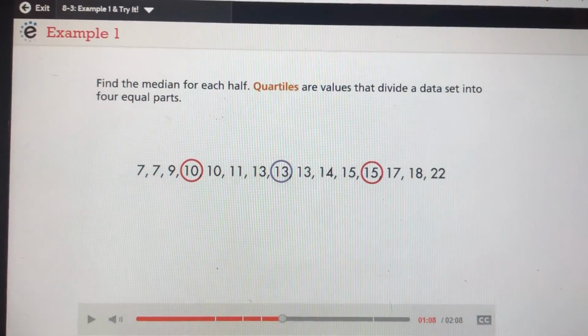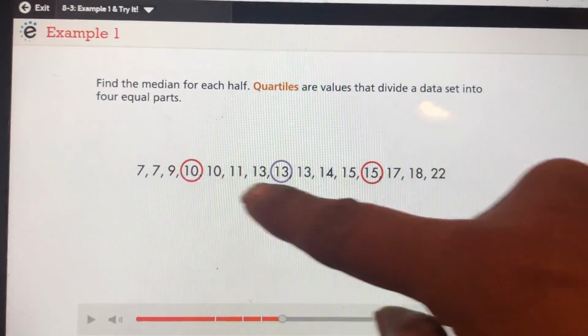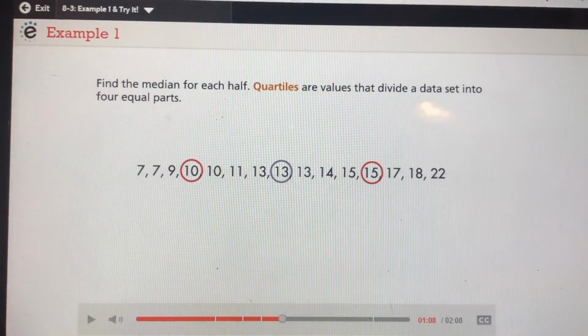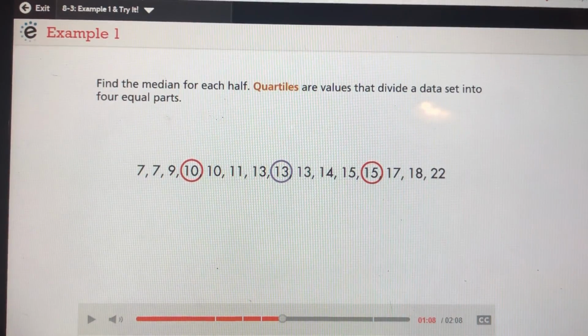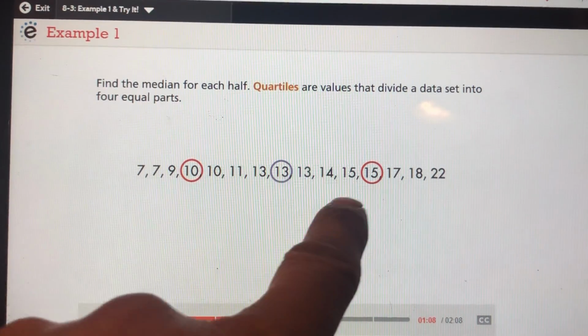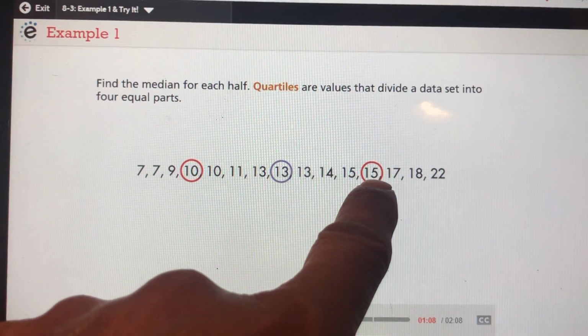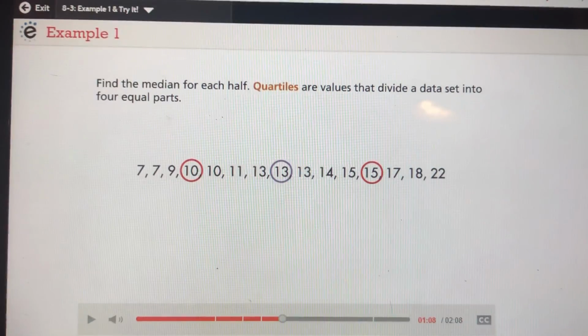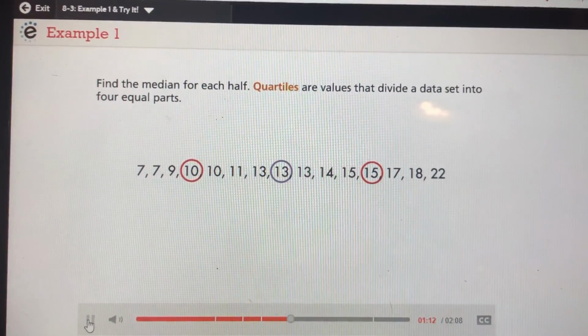I have the same amount on both sides of the 10 and on both sides of the 15, which means those are my numbers in the middle. Those are called your first quartile and your third quartile. Quartiles are values that divide a data set into 4 equal parts.